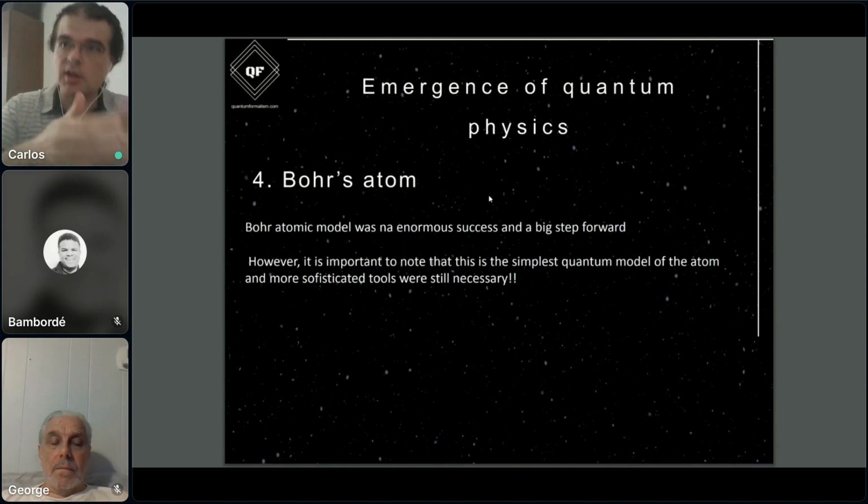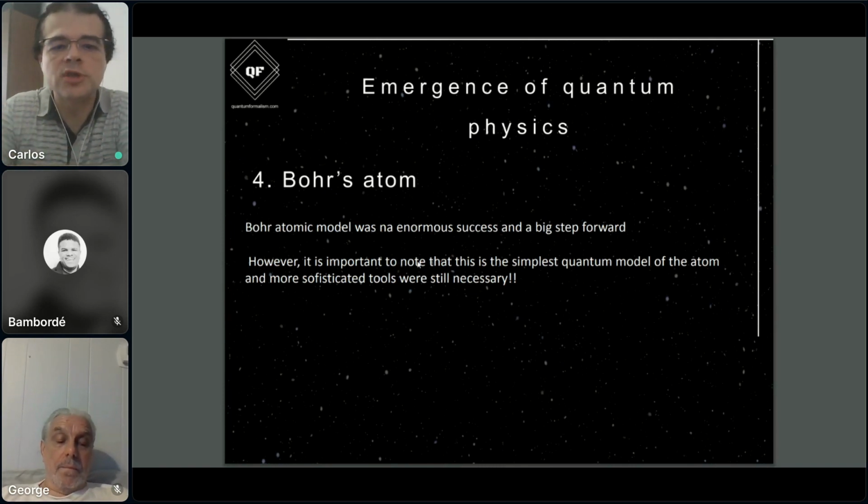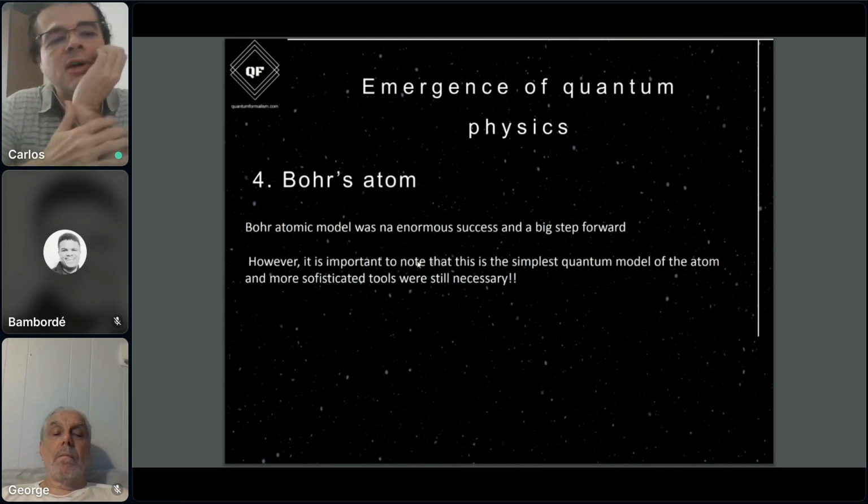It explained the hydrogen atom; for other atoms, for instance, the Bohr model doesn't work anymore, just for hydrogen. So this was an enormous success and a big step forward. However, it's important to note that this is the simplest quantum model of the atom, and more sophisticated tools were still necessary. Okay, but this was a really big step.